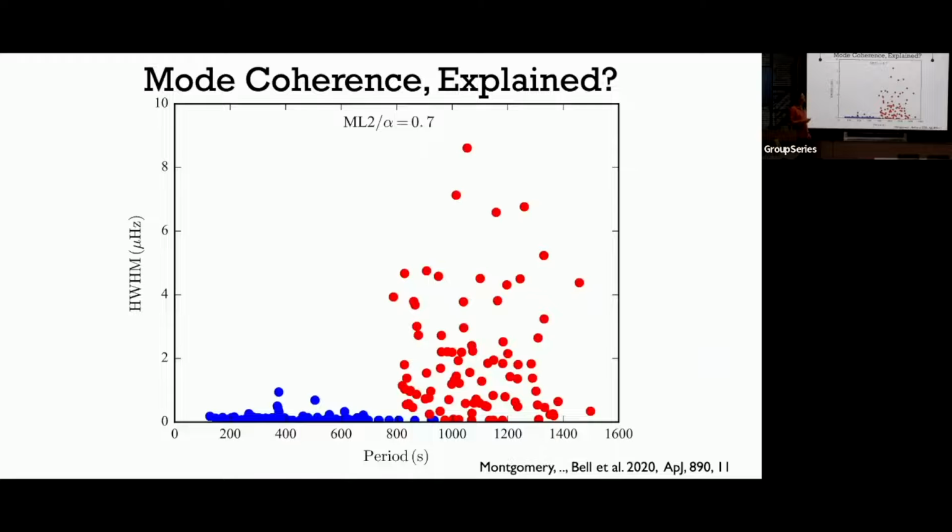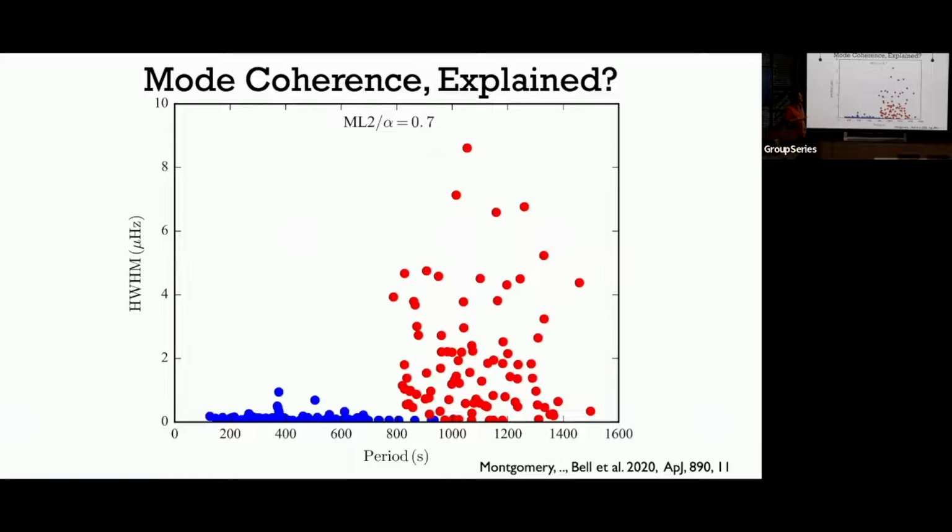Here we use an alpha value for the mixing length theory that correctly sets for this set. This is like 27 pulsating white dwarf stars represented on this plot, all of the modes from all of those stars. Each one has a different effective temperature measured by spectroscopy.